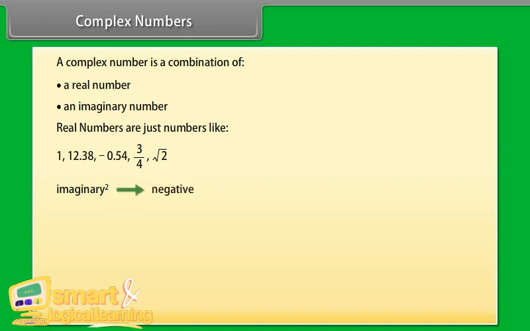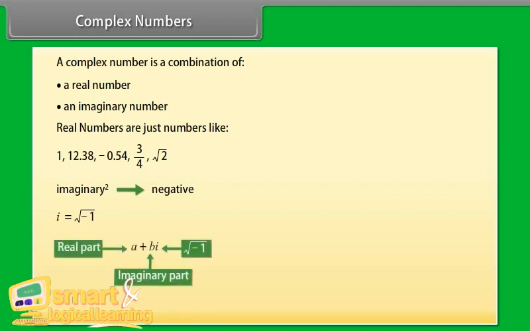The unit imaginary number is i, that is iota, which is the square root of minus 1. a plus b iota is a complex number, a combination of a real number and an imaginary number. Examples are 1 plus iota, 39 plus 3 iota, minus 2 plus pi iota, square root 2 plus iota by 2.